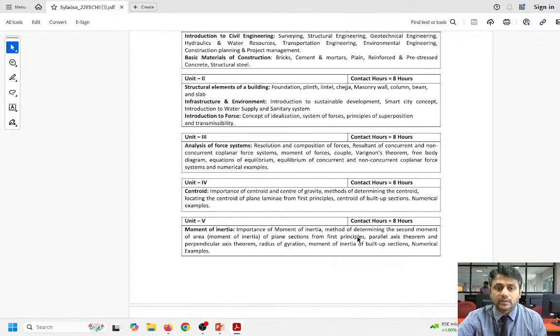Now for the IT branches, what is in the course for them? As you know, all the engineering branches are now moving towards a digital domain. Everything is being done digitally these days. To begin with, all the designs and modeling of the structures are happening digitally.